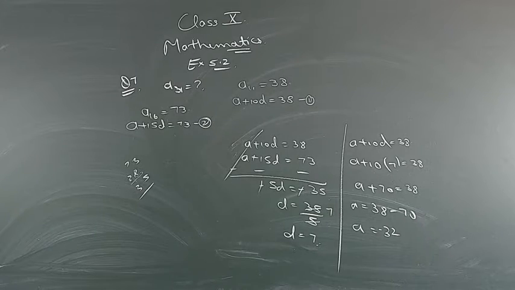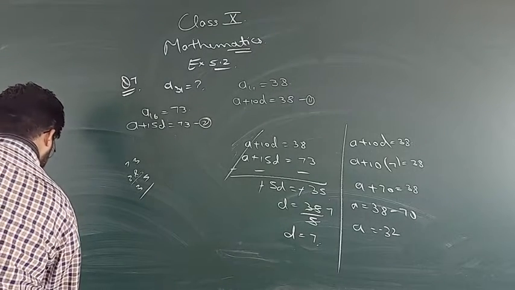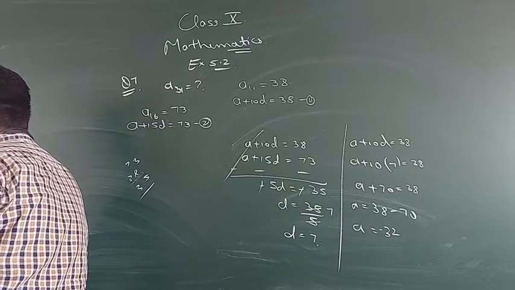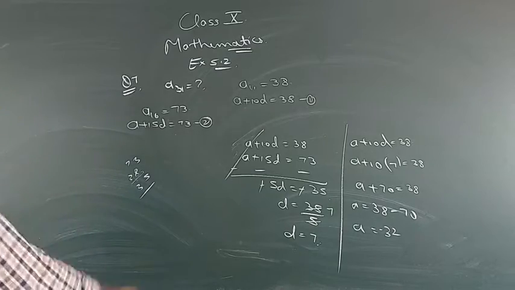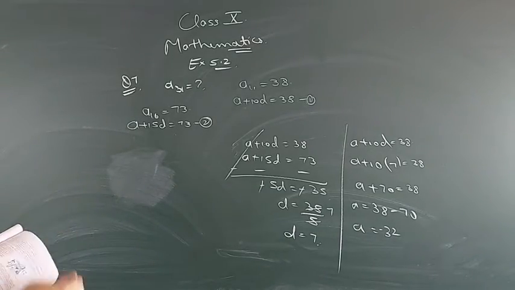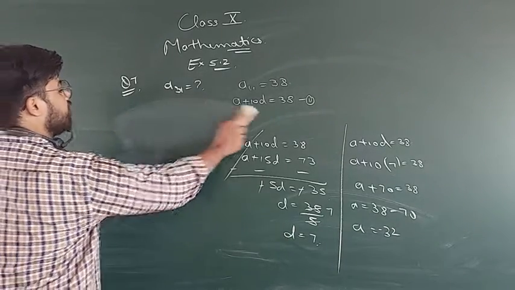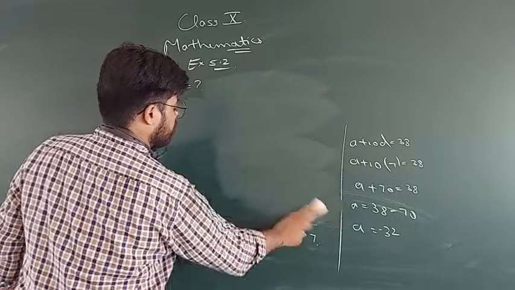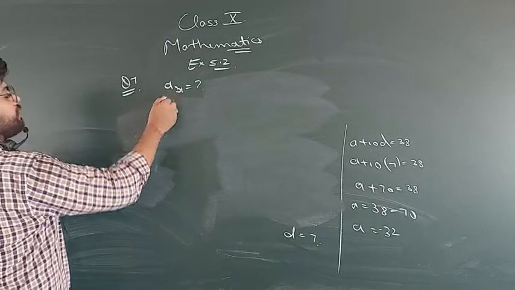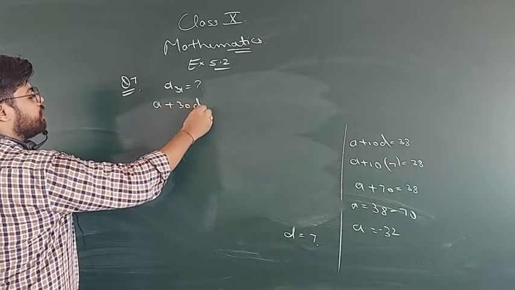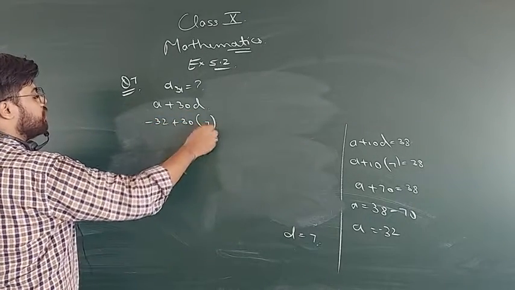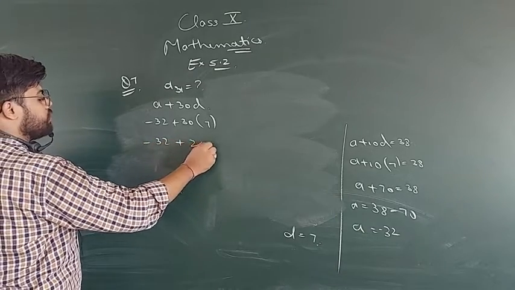Now we have to find the 31st term. So the 31st term is what? A plus 30D. The value of A is minus 32 plus 30 times 7, which is 210.